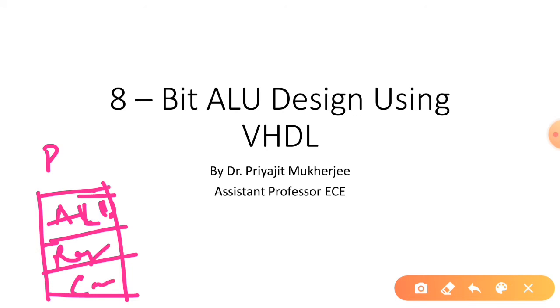So roughly these are the three important units of a processor, and the processor is connected using a bus. The address bus, data bus, and control signals are all inside this bus. Buses are nothing but a set of interconnecting wires.